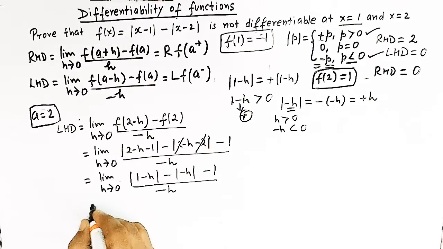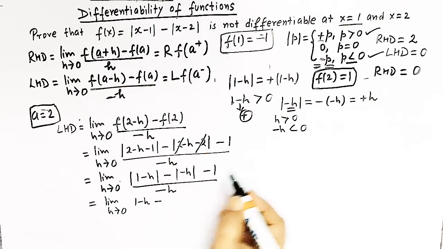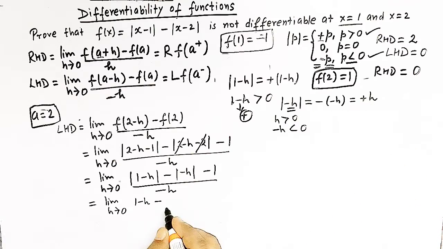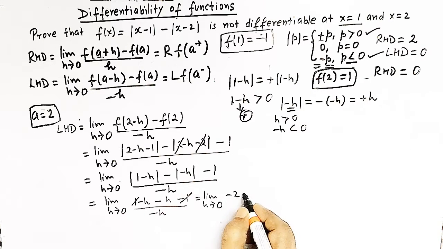So now we can write here a limit h tends to 0. Mod of 1 minus h is simply 1 minus h, and here we have mod of minus h is simply h. So here we have h and minus 1 over minus h. So we can now write limit h tends to 0, and here we can see that 1 and minus 1 get cancelled, and minus h and minus h, it becomes minus 2h, and here we have a minus h, right?